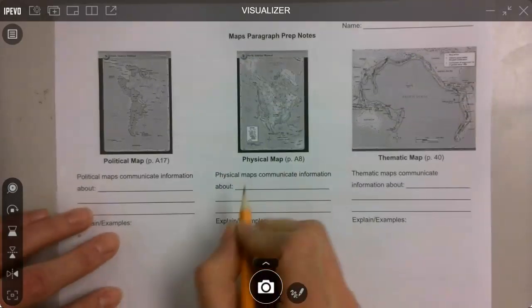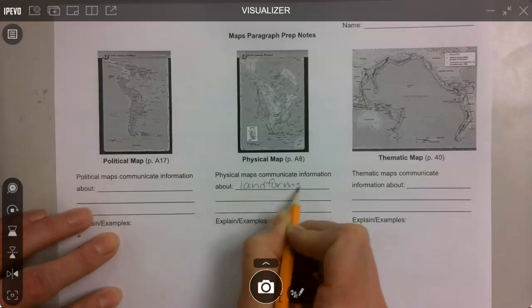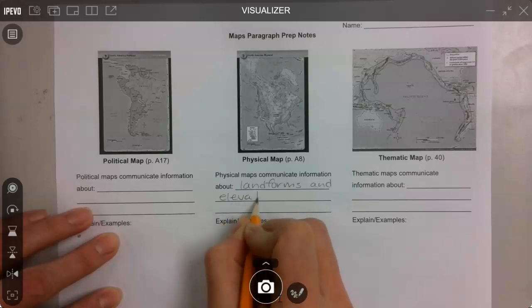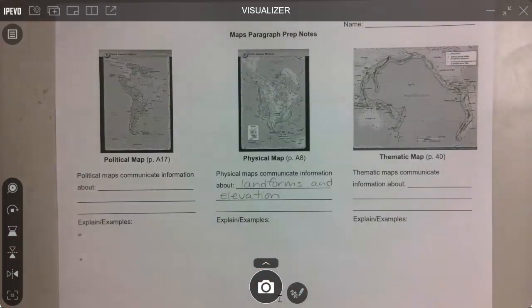So physical maps communicate information about landforms and elevation. Now, if you said something about terrain or what the land is like, that's fine too. And you go into more specifics when you talk about the explain, or you give examples of that.